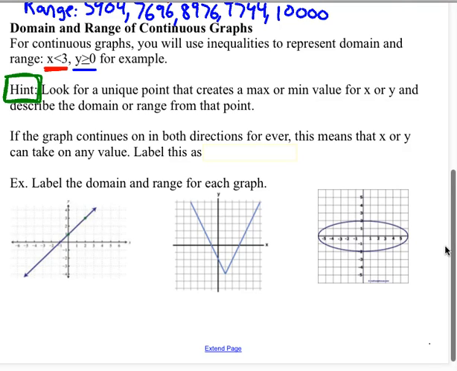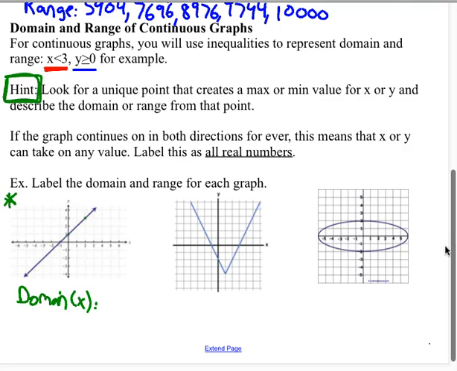If the graph continues on in both directions forever, this means that x or y can take on any value. You're going to want to label that as all real numbers. So for example, if we look at this first one, the line, when we're trying to label our domain, again, domain, we're looking at x values. x values are horizontal.